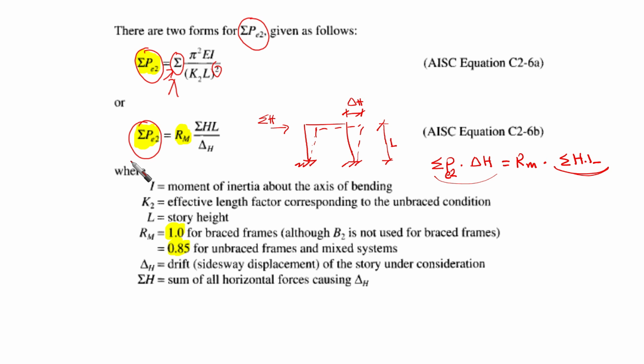You can find this in AISC equation C2-6a, and here we are going to find another form of the equation, which is related to the summation of HL over delta H.